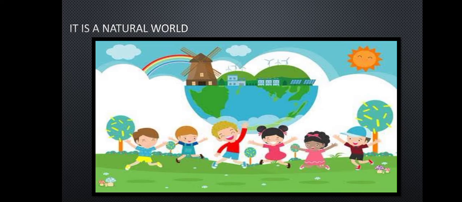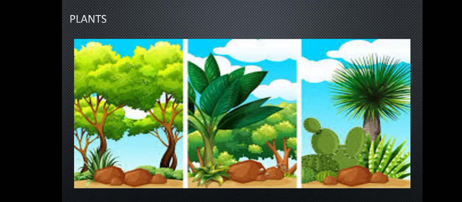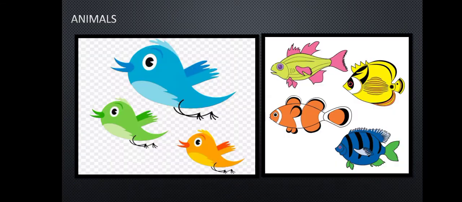So everything which is living or non-living and is present around you is a part of your environment. It might be a place where people live, it might be people or human beings around you, it might be plants and different types of animals.